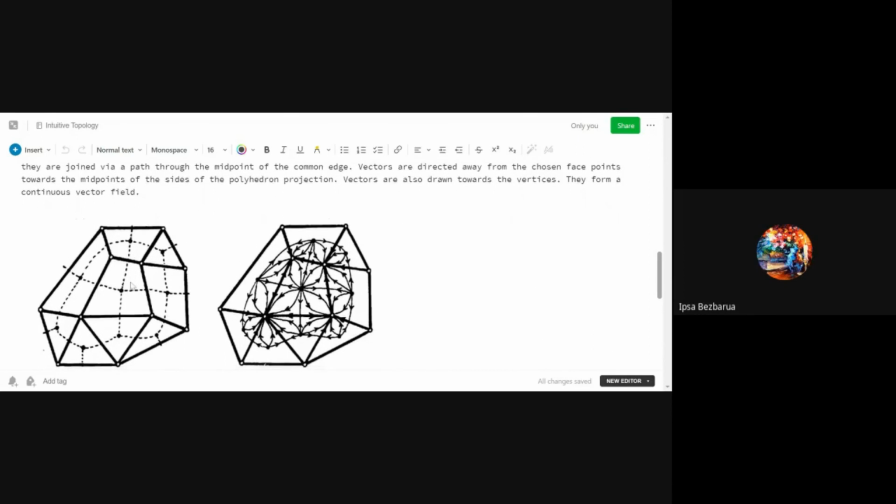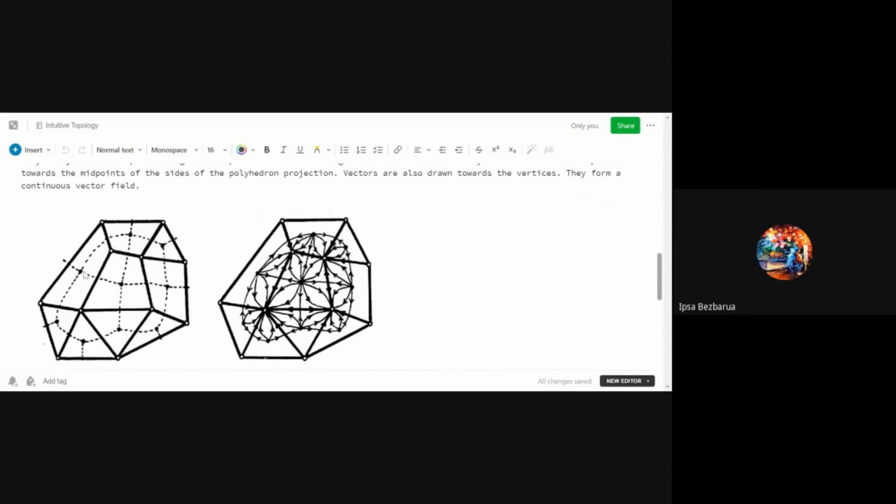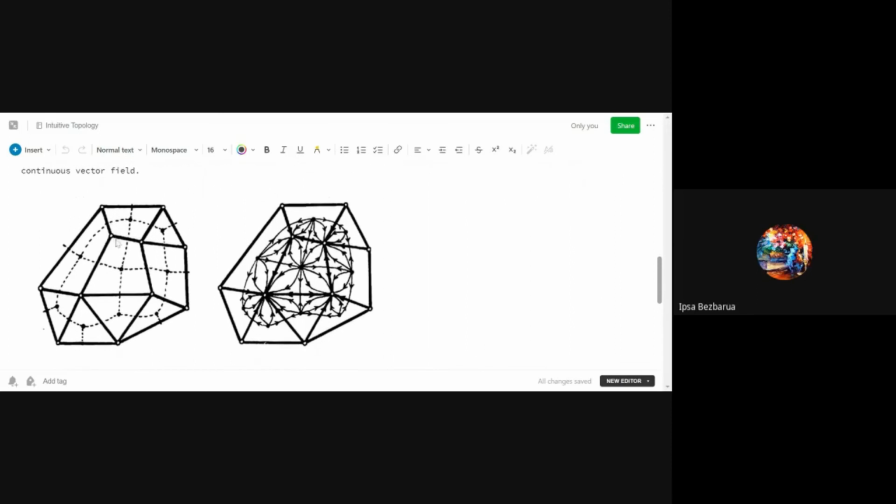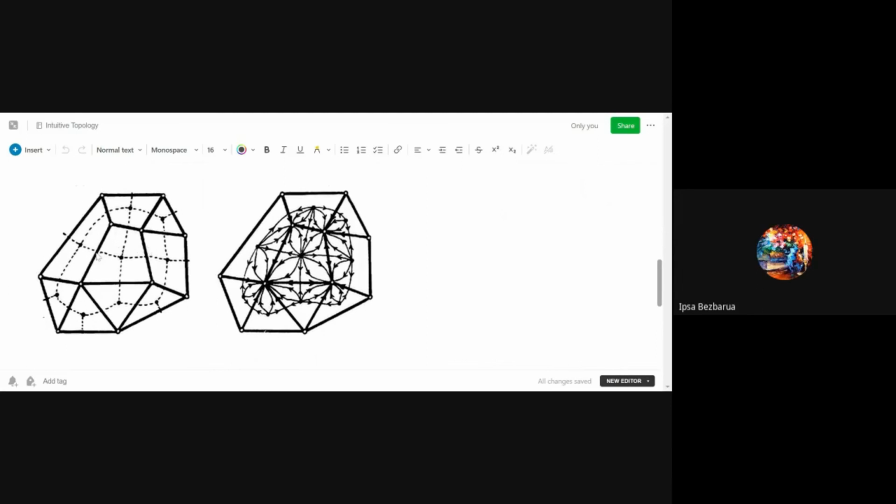And the way I'm assigning the vector field is that I'm assuming the vector to flow from this point to the center of the edge and from this point to the center of the edge. I'm also assuming that from each point that I'm choosing on the face, the vectors are just moving out.